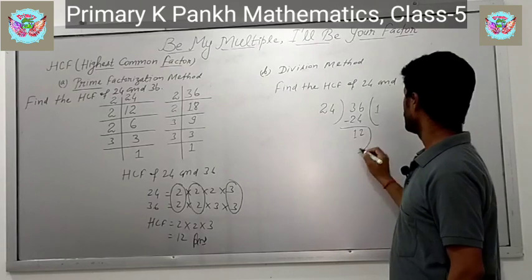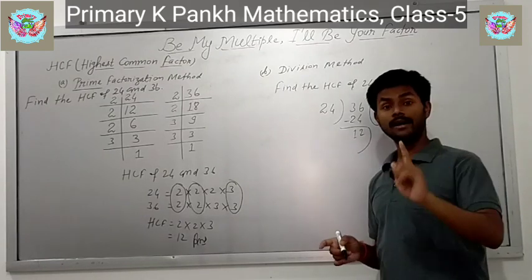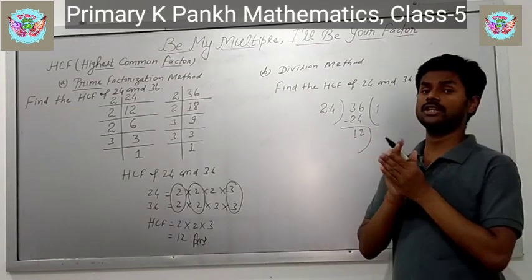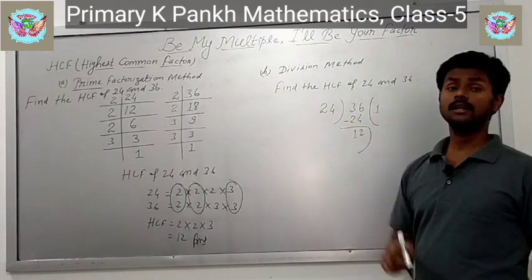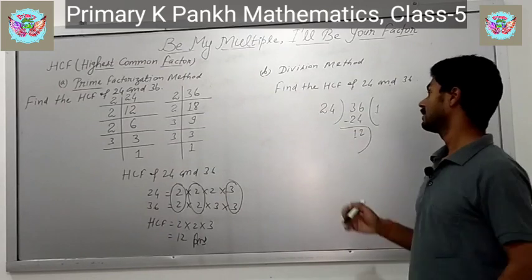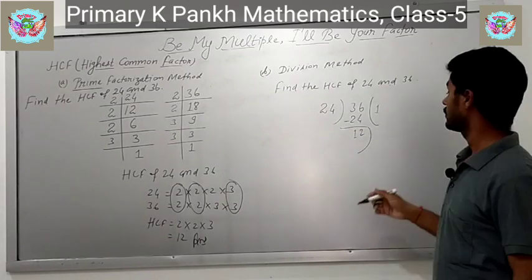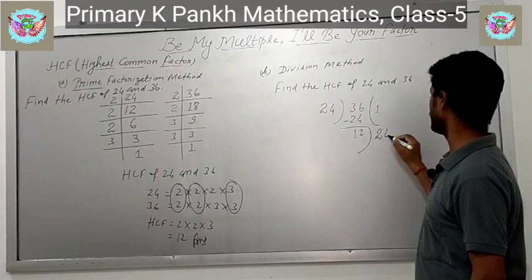So here 12 will be the divisor for the next step, and your dividend will be the first divisor by which you divided in the HCF process. So here you have to write 24.